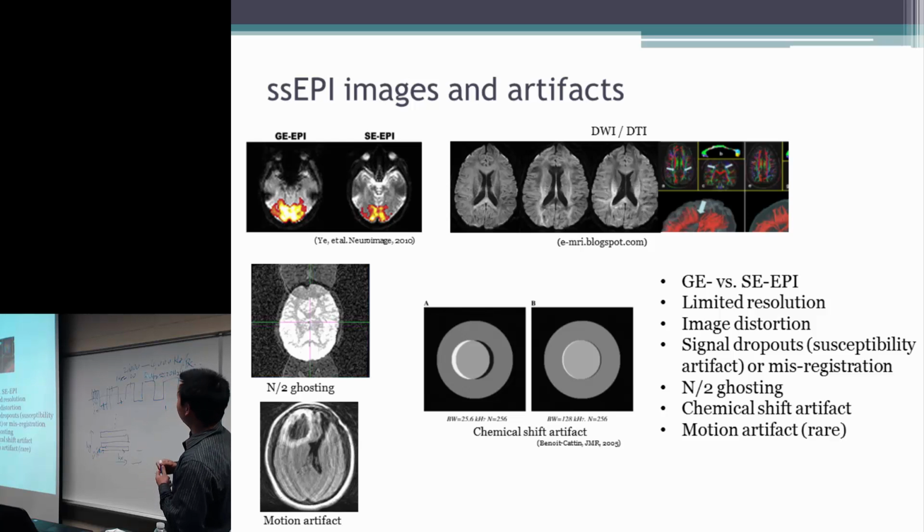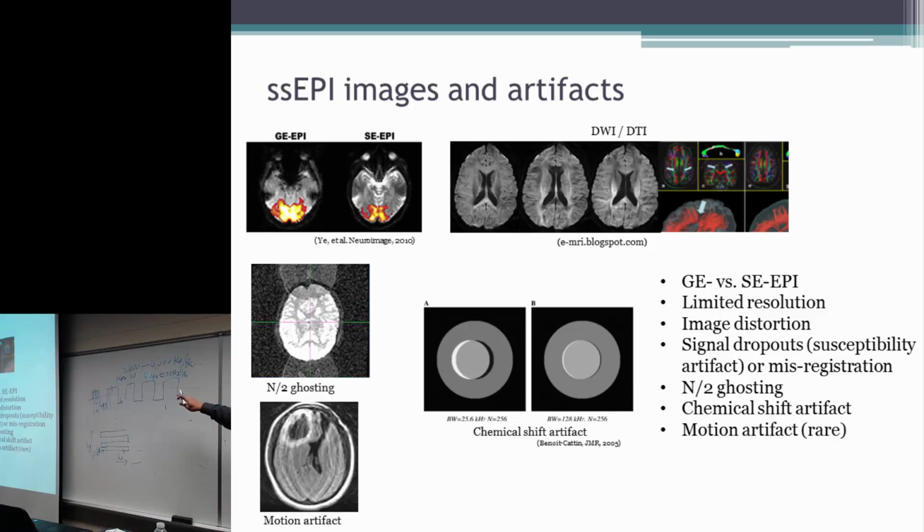So, for example, at 3 Tesla, the chemical shift between water and fat is like 4.5 ppm. So it's equivalent to like 1600 hertz at 3 Tesla.